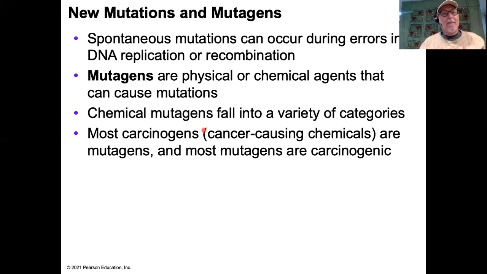But remember, the important mutations are those which occur in the germ cells, in those cells which are going to produce gametes. We may have mutations in our somatic cells, for example, that are very deleterious to us because they set off tumor processes.